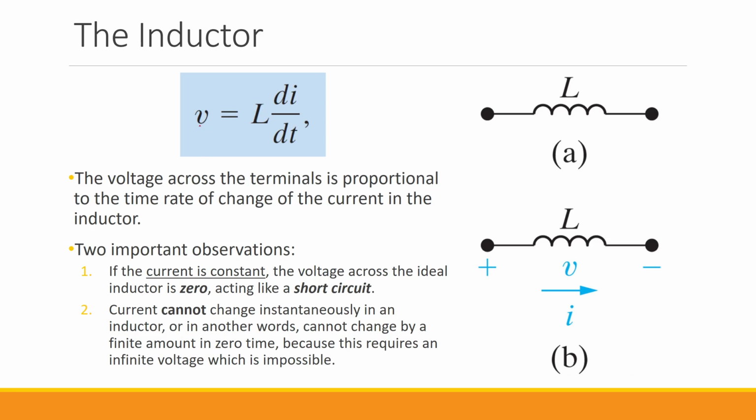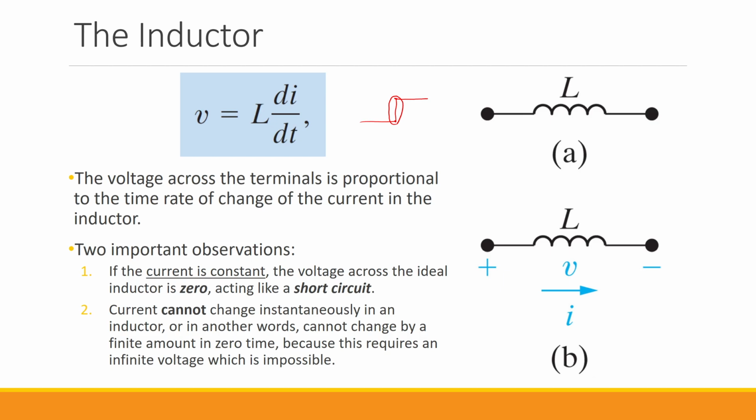If you know from calculus, if we have an instant jump in an equation like this, that means that during this time we have an infinite value for the derivative. Since we are working with physical components, we cannot have an infinite amount of voltage across the two terminals of the inductor.